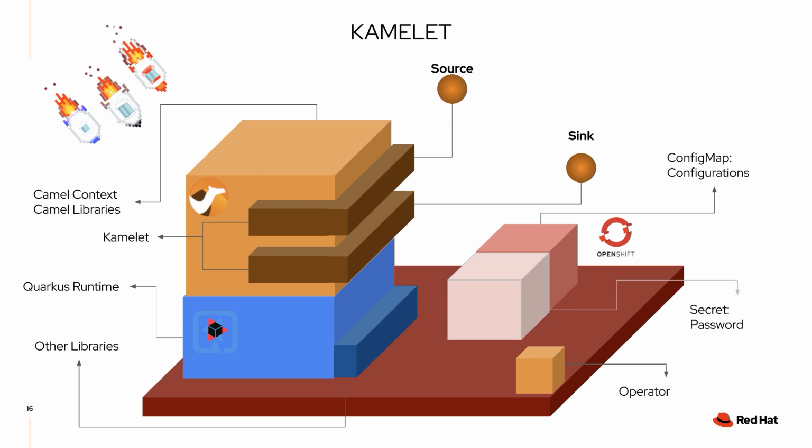And it is going to use the Quarkus runtime, so it's going to use the latest and fastest runtime available out there, so it will start really fast. As well, you would also have other libraries included if needed, as well as the monitoring libraries that are needed to run this pod.